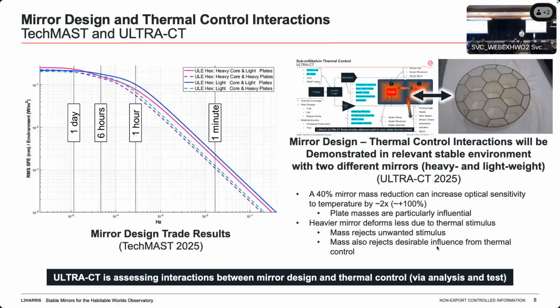With the heavier weight one, its advantage is that it doesn't move much in response to thermal stimulus. It moves slowly. It's got a natural stability as a low pass filter. With the lightweight one, it responds very rapidly, which is great because it's very responsive to the control if you have a thermal control system. So we're going to be able to compare and contrast those 2 methods and actually show by analysis and tests that we understand how those mirrors behave.